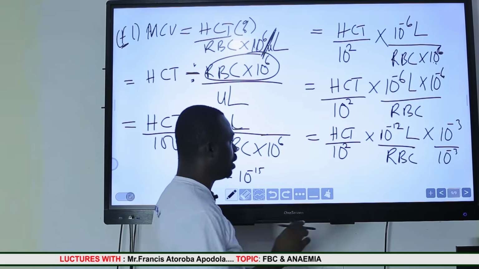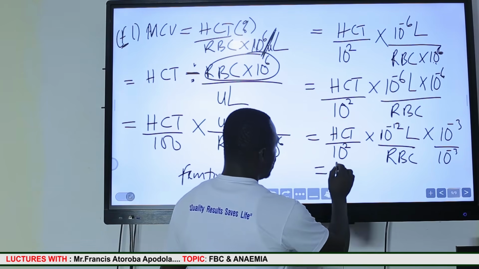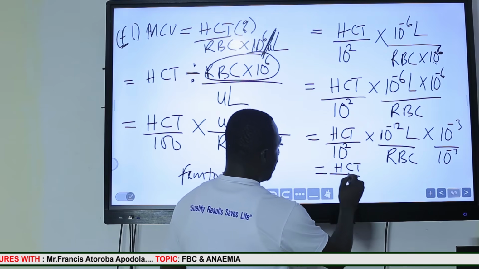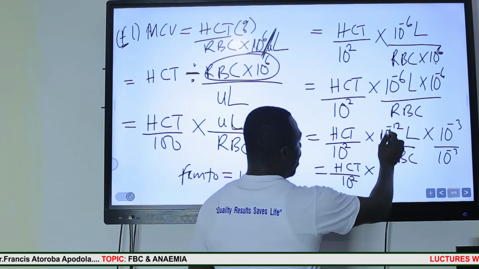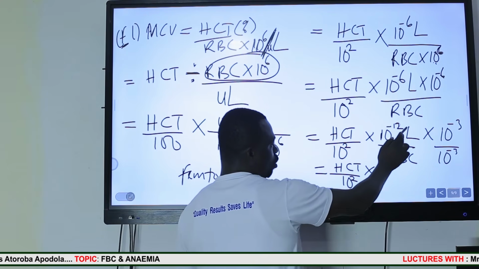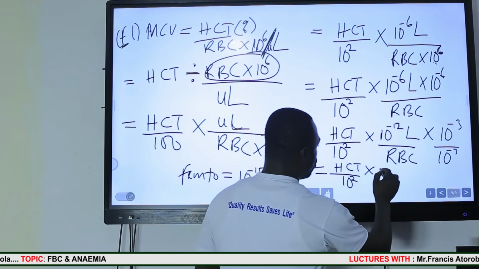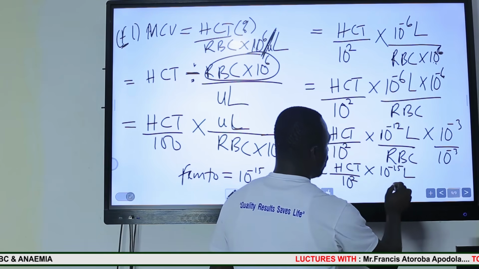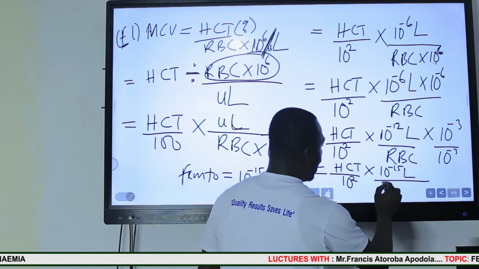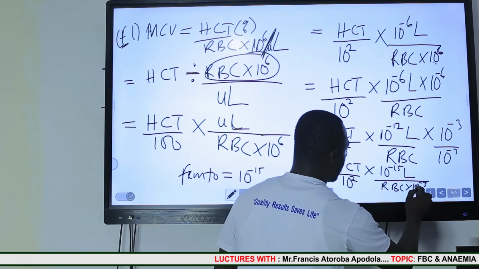Are you getting that? So now this will be equal to hematocrit divided by 10 to the power 2 times 10 to the power, I won't cancel it, minus 12 times 10 to the power minus 3. That will give me 10 to the power minus 15 liter, all divided by RBC times 10 to the power minus 3.